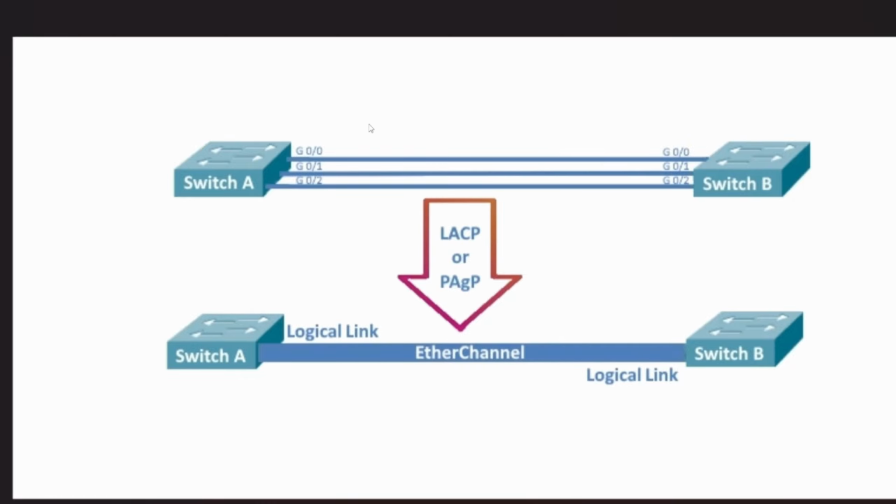You can have up to 8 links. If you use the LACP or PAgP protocol, it bundles the links together into one logical link, the EtherChannel. I gave you an example of 3 links bundled in one logical link, but you can have up to 8 links. Okay, let's go back to our Packet Tracer.